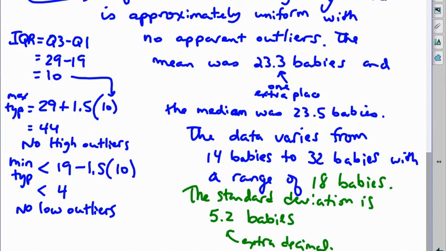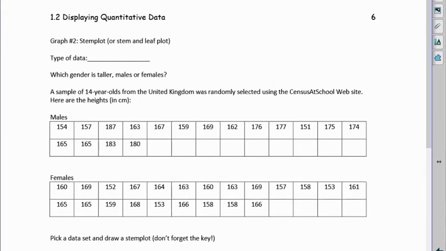Now let's do the next type of quantitative graph that you could make. And this one is a stem plot. So here's a stem plot. Again, something appropriate for quantitative data.